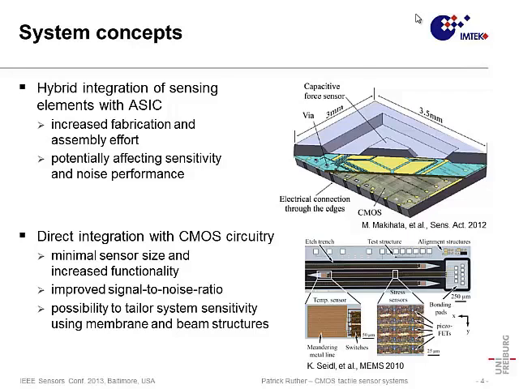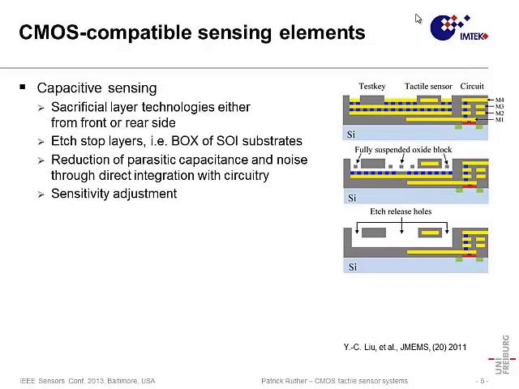Now let's have a look at typical stress sensing elements that are found, not exclusively, but most often, with CMOS-based tactile sensor systems, namely capacitive sensing, where people designed and realized membranes through sacrificial layer technologies, either from the front side or the back side of our wafers.